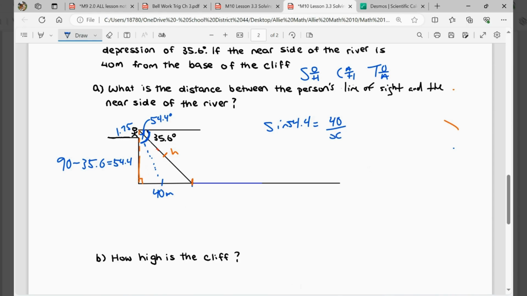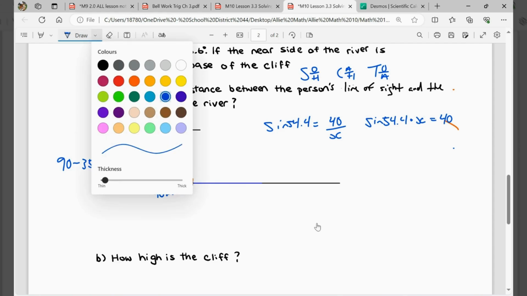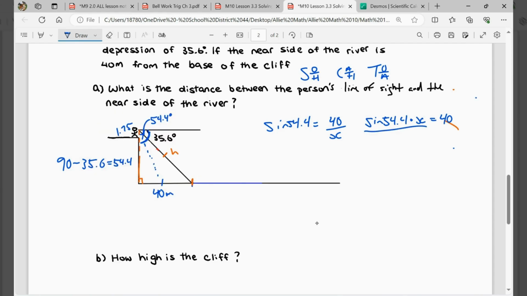Maybe I should show you the steps again just so you understand them. This means sine 54.4 times x equals 40. To get the x by itself, we need to divide by sine 54.4 on each side.